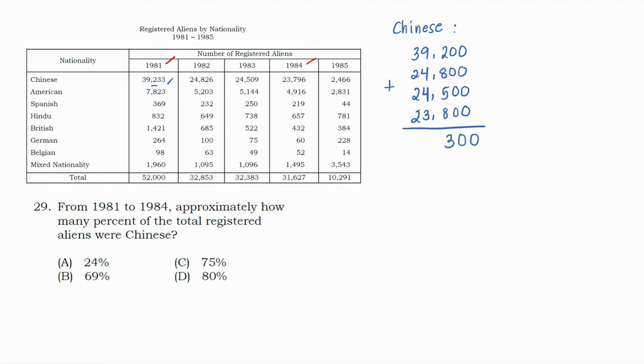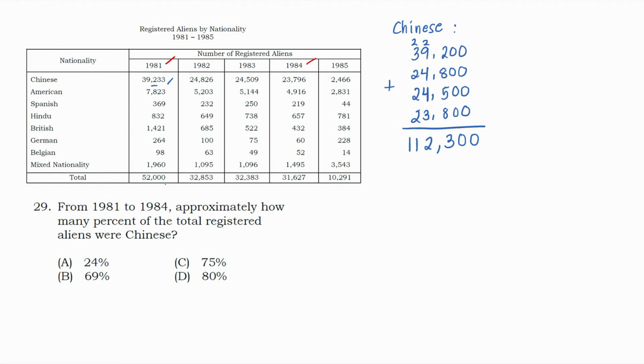So, we have 23 here. And then, 4 plus 4, 8, plus 3, 11, plus 2, 13, plus 9, 22, diba? So, 22. And then, 2 plus 2 plus 2, so 6 plus 3, 9, plus 2, 11. So, we have 112,300 Chinese aliens.